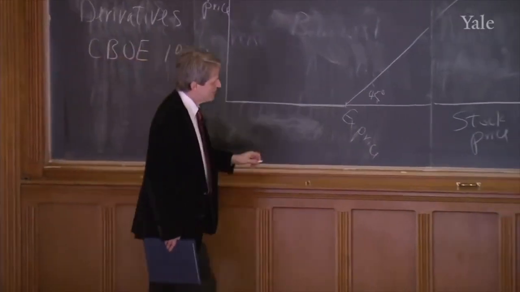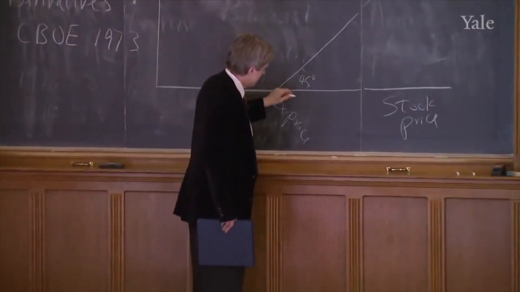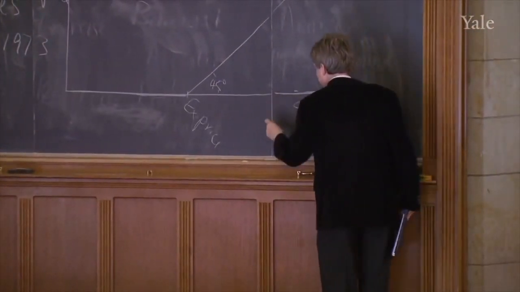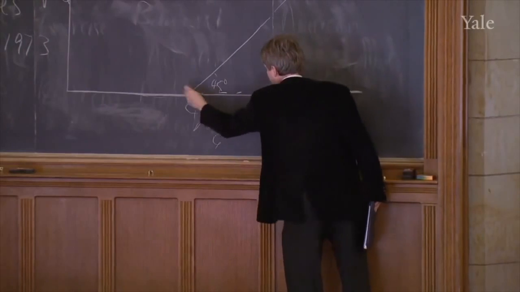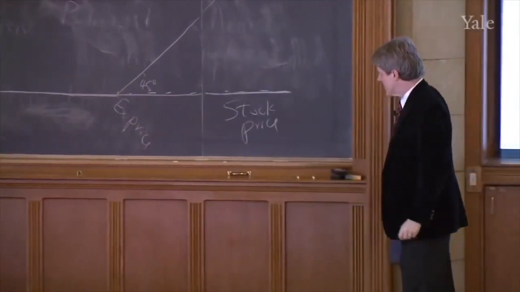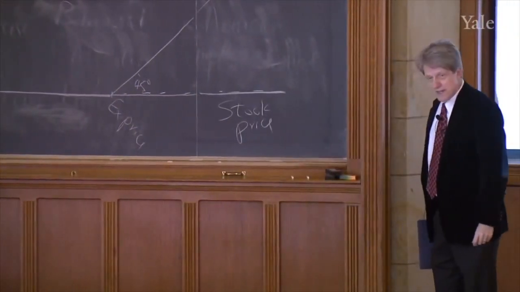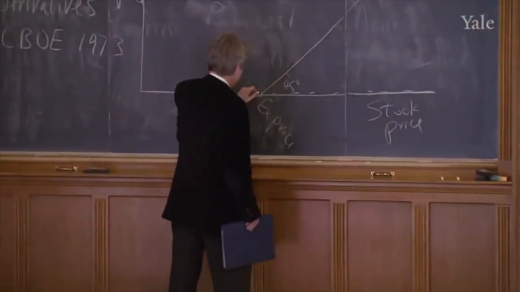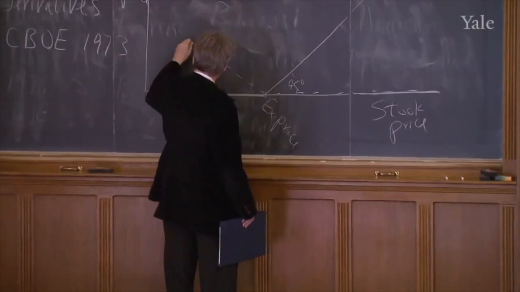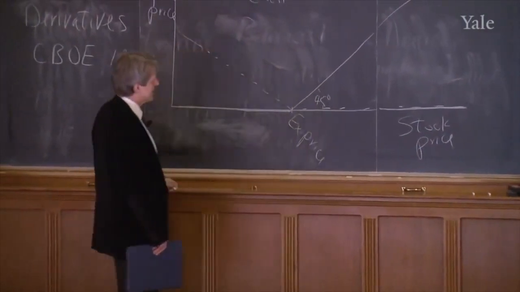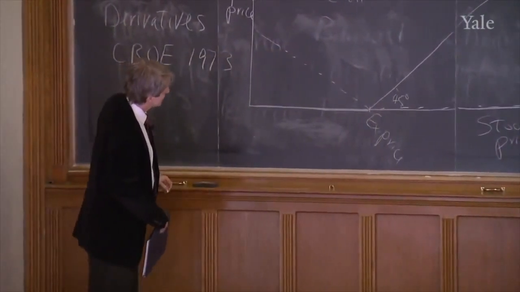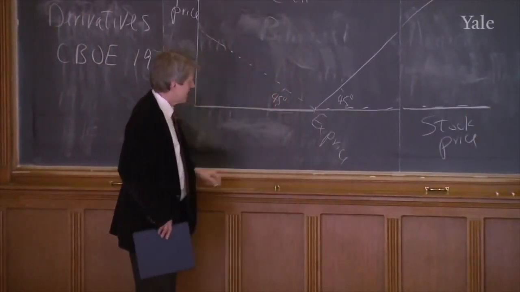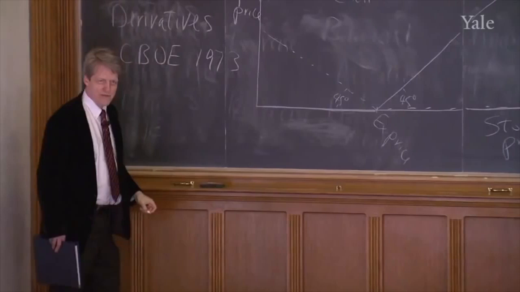A put is out of the money up here, if the stock price is above the exercise price, because you're selling now, and it's in the money if the stock price is less than the exercise price. I didn't draw that very well, but that's supposed to be a 45-degree line. That's a 45-degree angle, has a slope of -1, right?